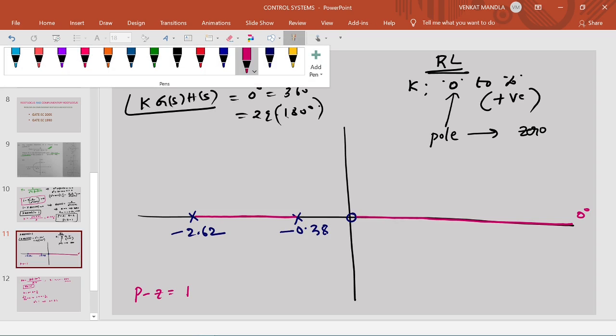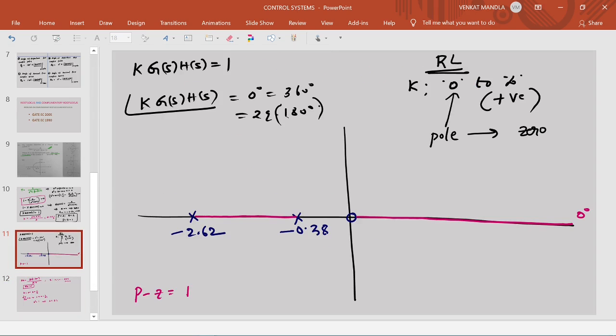Whether they are valid or not, I'll represent them first. S equal to minus 1 will be somewhere here, not a pole. Here minus 1 and plus 1 somewhere here. These two are valid break-in and breakaway points. Why?